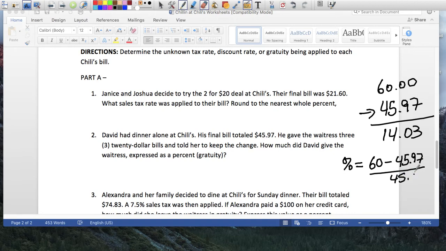So we're going to do 14.03 divided by the original price, 45.97, and that's going to give us 0.3051, and if you change that to an actual percent, it's going to be 30.51%. They gave a huge tip. 30.51% is quite a lot.